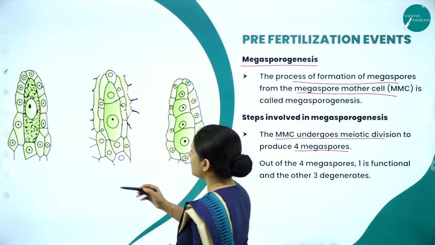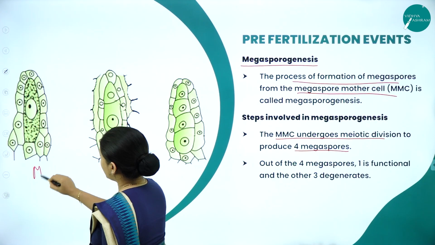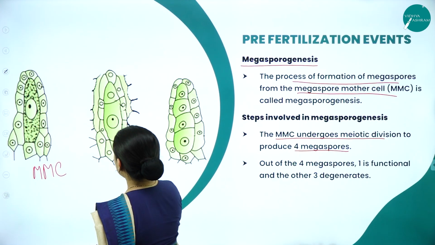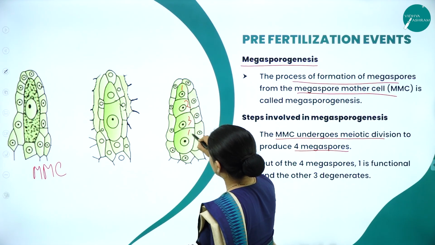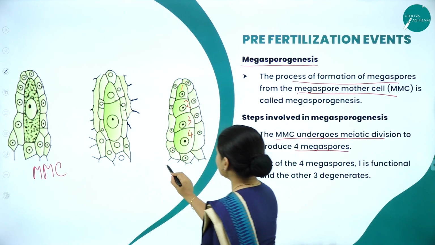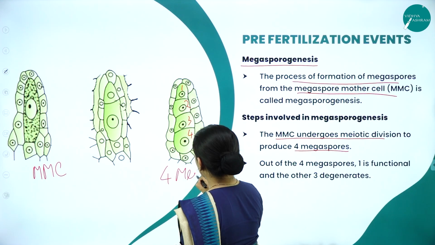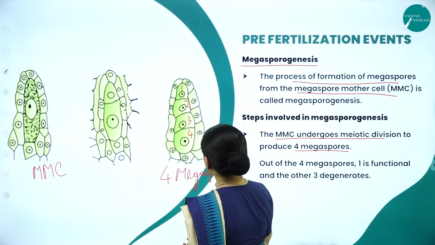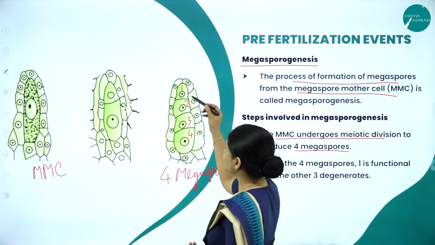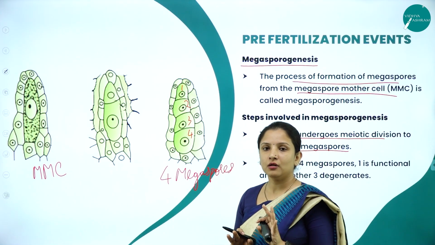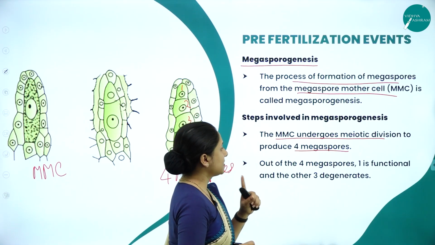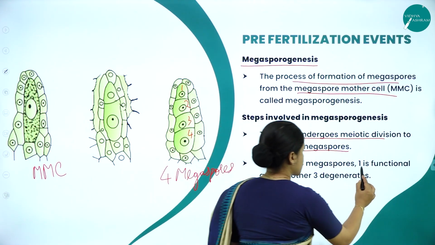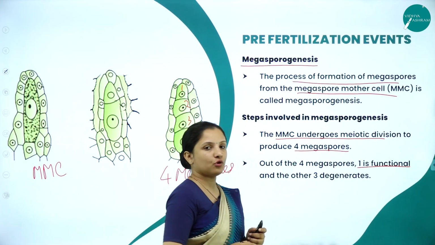If we can see here, this is the megaspore mother cell. It will undergo reduction division to produce how many? 4 megaspores. Out of the 4 megaspores, not all 4 will function.